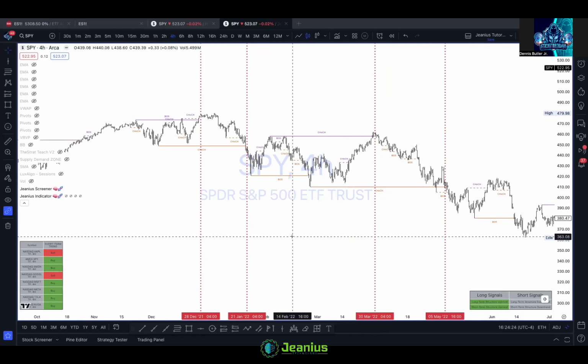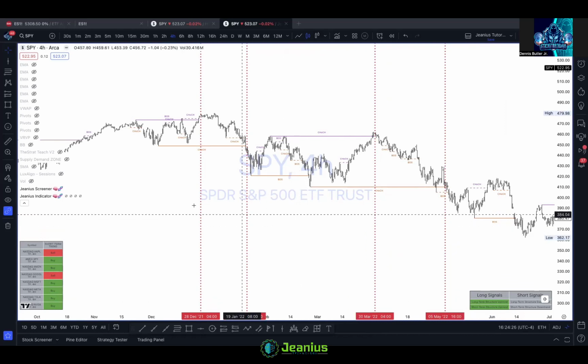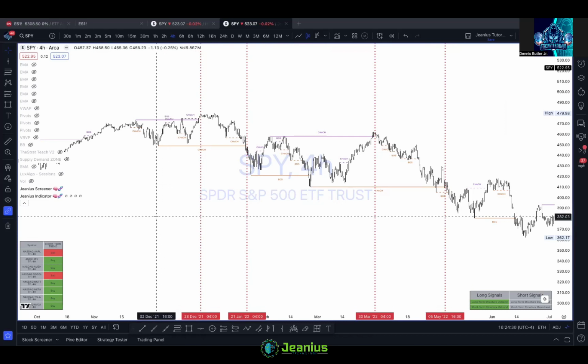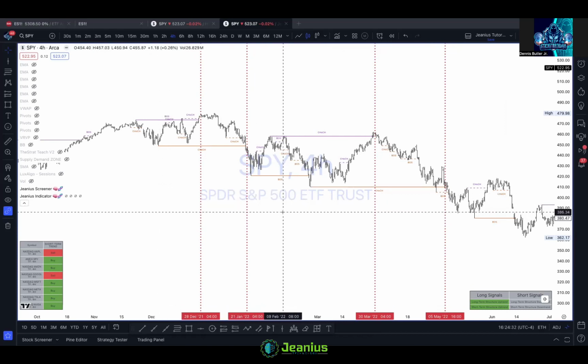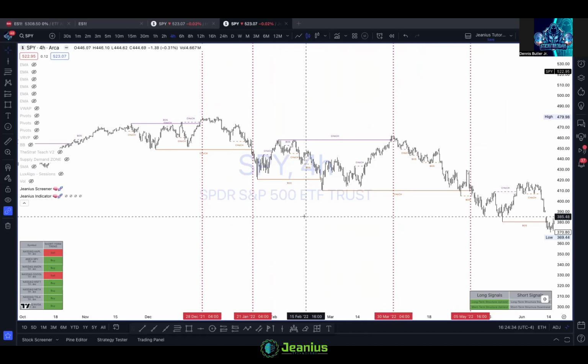The long-term trend is different on each chart. The 5-minute, the 4-hour, and the daily long-term trends would be different levels. So that's something you want to play around with.